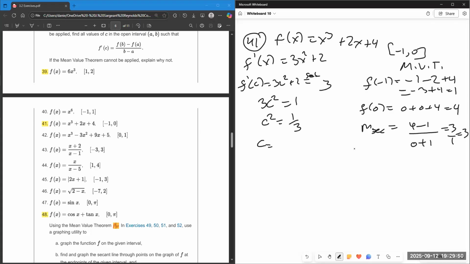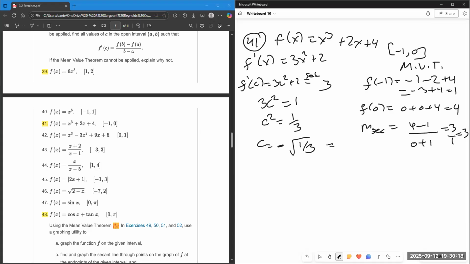Again, c is equal to, and now it's going to be a negative root 1/3 because we are between -1 and 0. I chose the positive option last time because of my interval a to b. I'm choosing the negative option for the square root this time because of my interval a to b. My c value needs to be between my a and my b. So choose the correct sign when you do that.